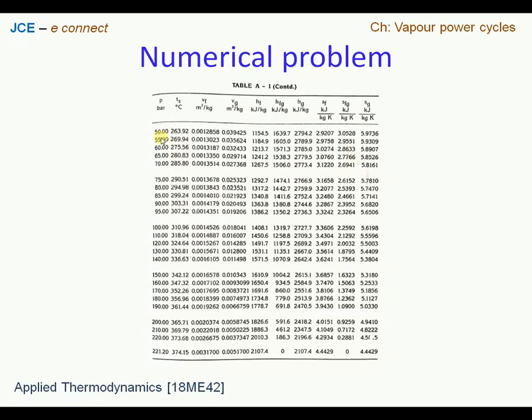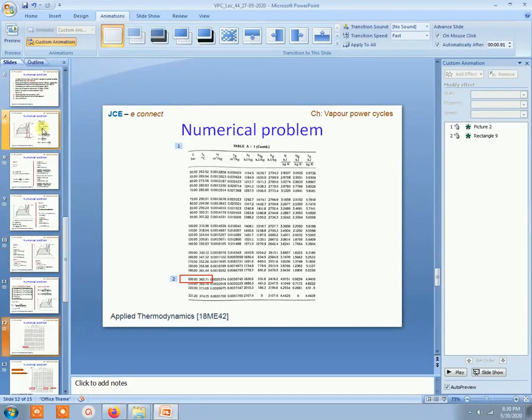So we proceed from top to down step by step, and we arrive at a pressure of 150 bar, then 180 bar, and then 200 bar. At 200 bar, the next column is the saturation temperature. For a pressure of 200 bar, the corresponding saturation temperature is 365.71 degrees Celsius. Now we can go back to the problem.